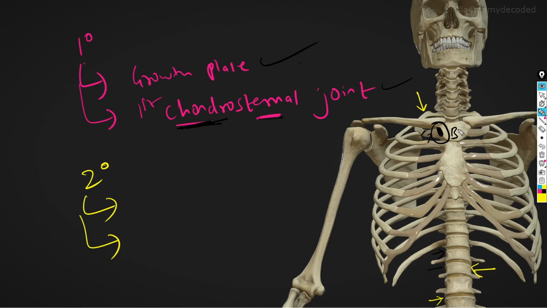Okay, so that tissue is a fibrocartilage. Actually, I told you the main chunk of tissue between the bones is a fibrocartilage. Okay, in secondary cartilaginous joint, there is this intervertebral disc. That is an example, and it is specifically the joint between the bodies of the vertebrae.